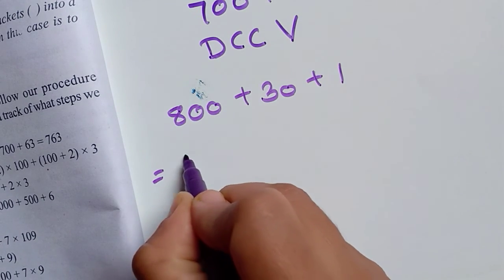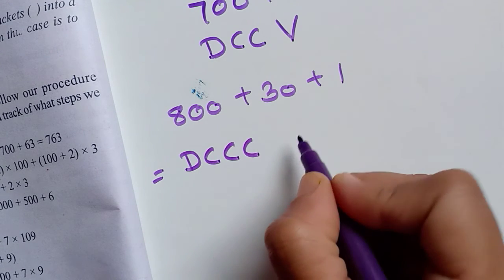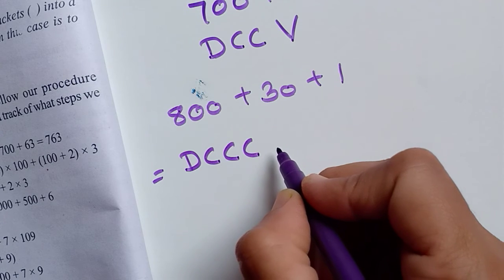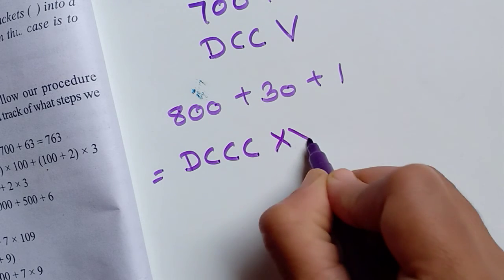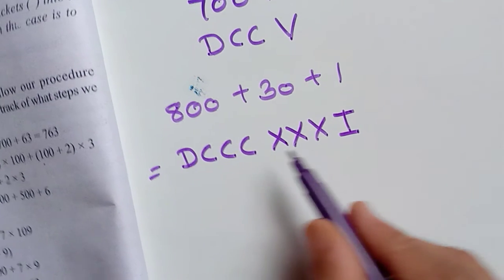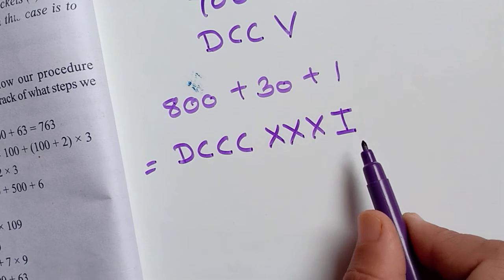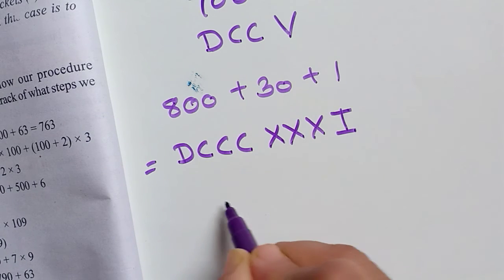So for 800, I have DCCC. For 30, we have XXX, and for 1 we use I. So this is my 831.